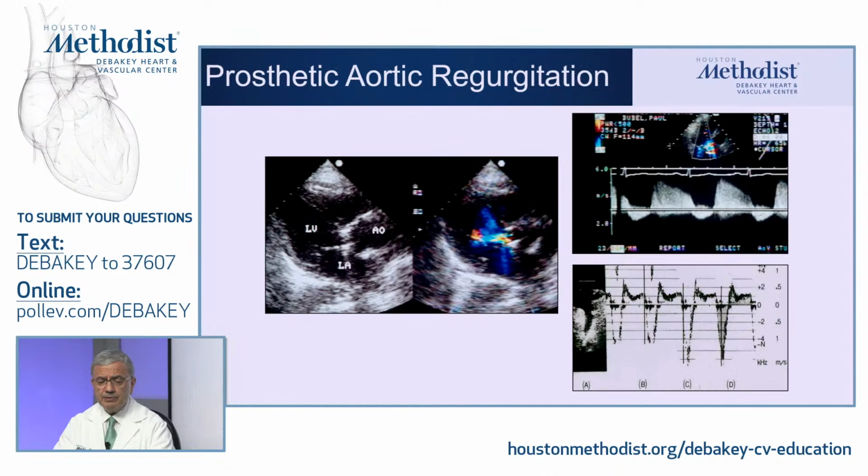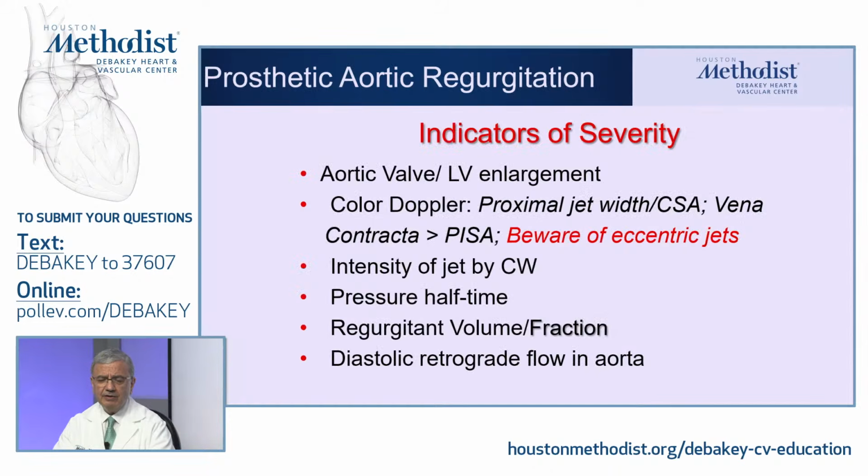Now, in the aortic position, there is an easier way to assess regurgitation, just like we talked about, because you have much less flow masking. We use very similar criteria to native aortic regurgitation, keeping in mind that there are a lot of incidents of eccentric jets because of perivalvular regurgitation that occurs predominantly in mechanical prostheses.